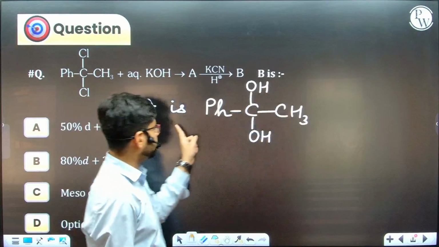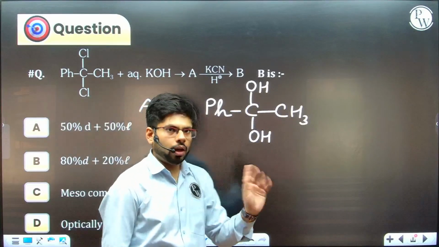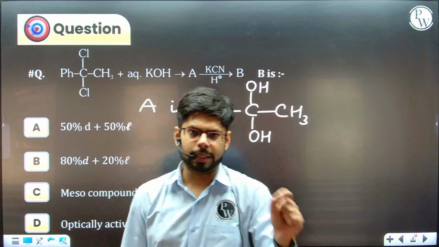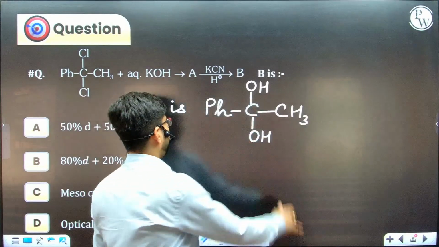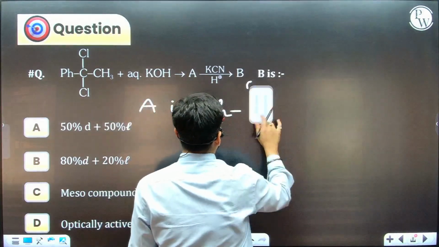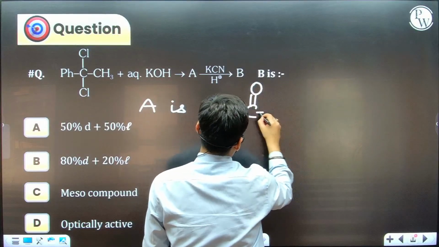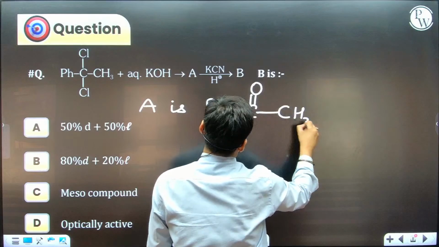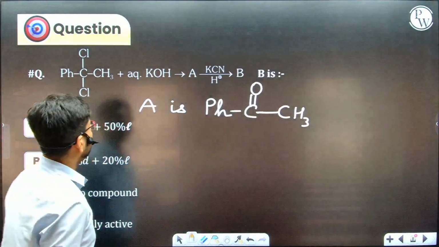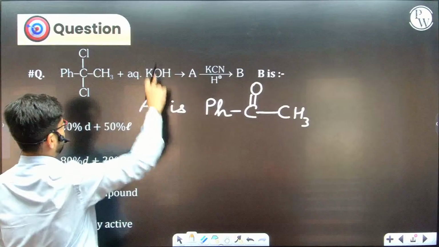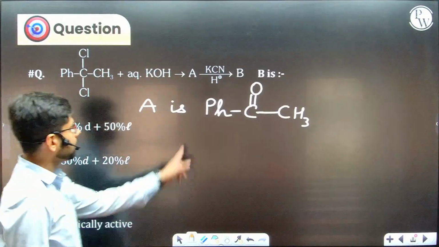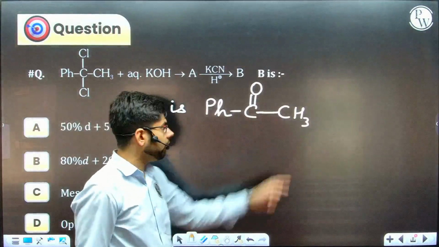You cannot say this is A. Again, I'm repeating, two OH groups on the same carbon are not stable. Immediately you have to convert it to C double bond O. So this is the correct product for this reaction. So A is acetophenone. This is called acetophenone, right?